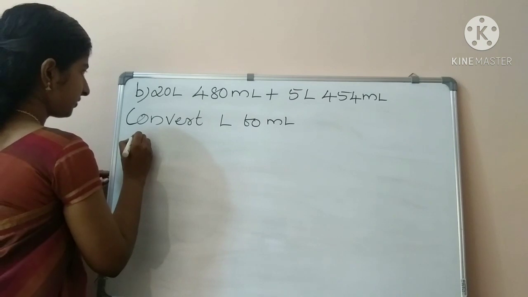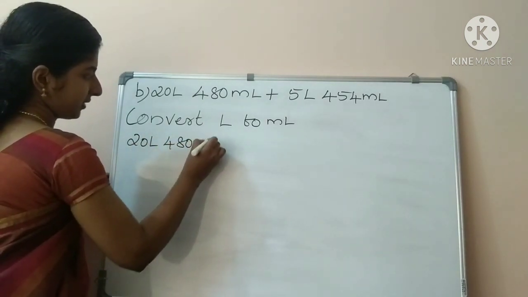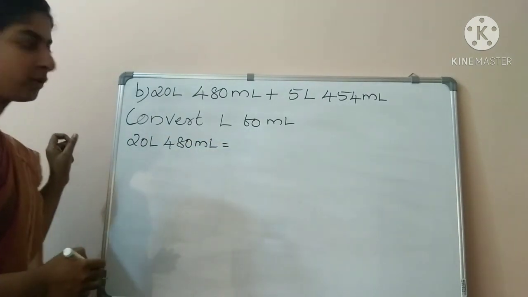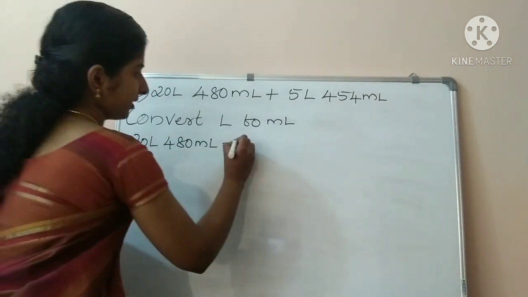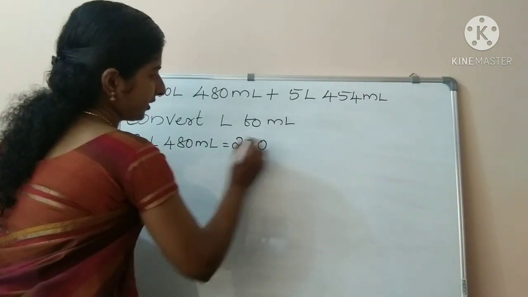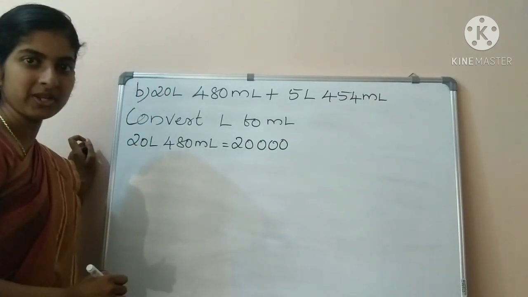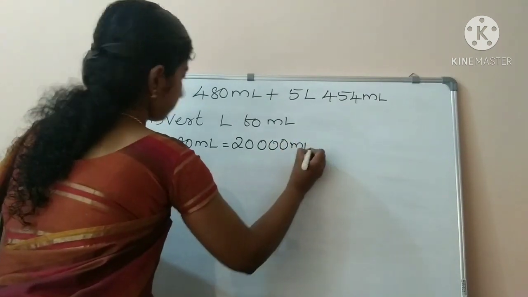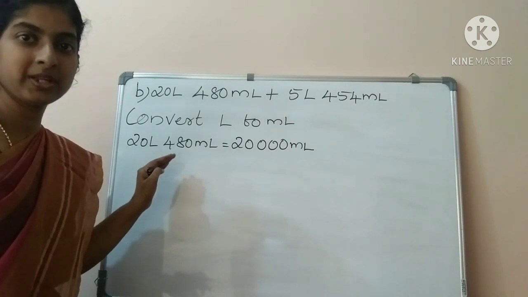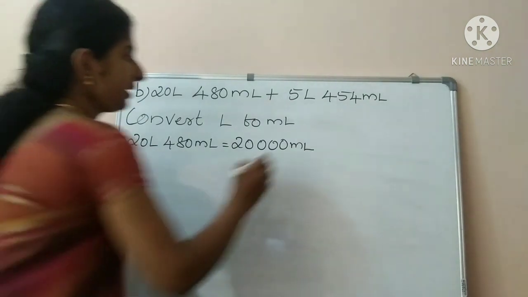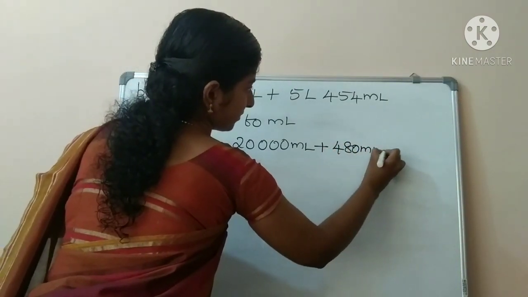First term is 20 liter 480 milliliter, which is equal to 20 liter, how many milliliter? 20,000 milliliter. 20 then 3 zeros. Then 480 is already in milliliter, so there is no change.